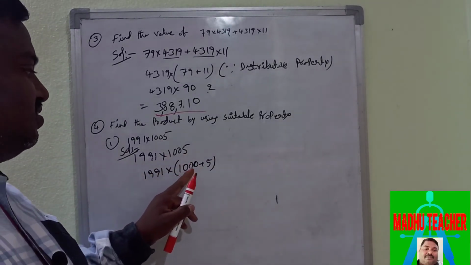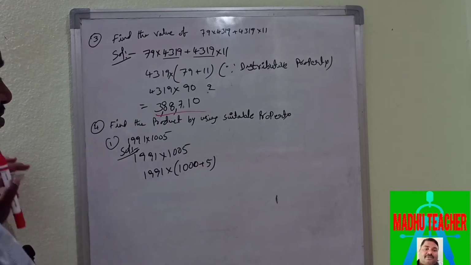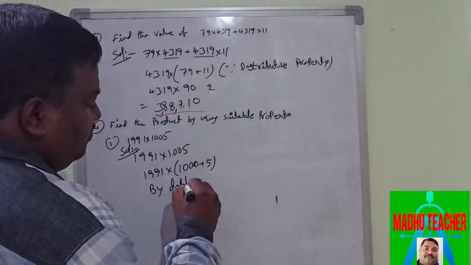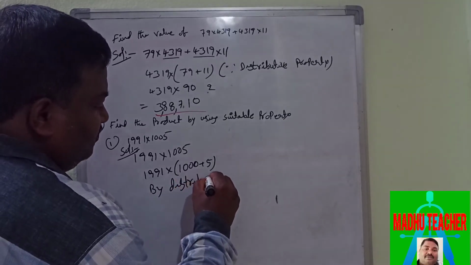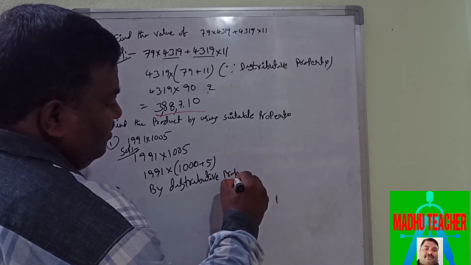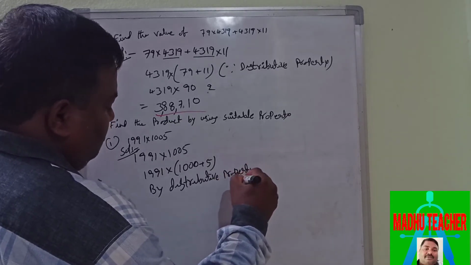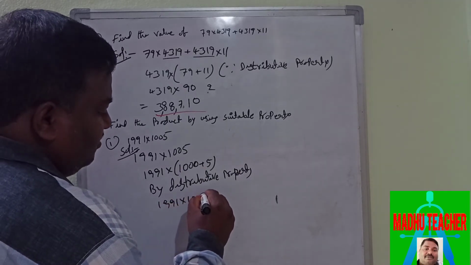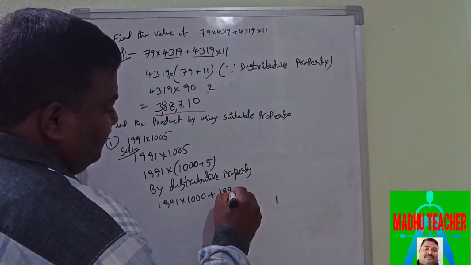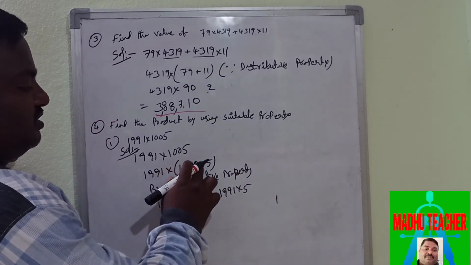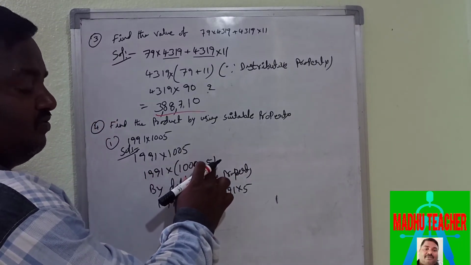So by distributive property, you can write as 1991 into 1000 plus 1991 into 5.